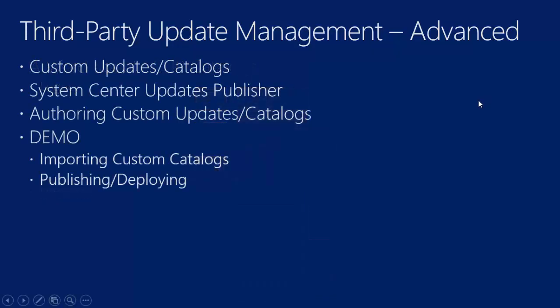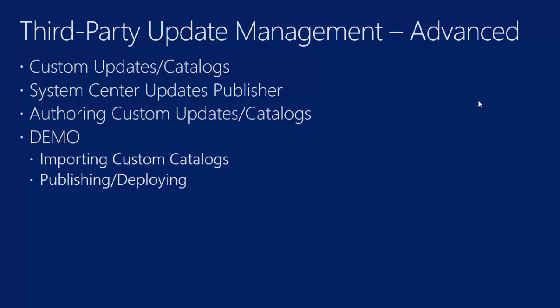Okay, so a bit of an advanced scenario. So here I want to show you walking through the process of pulling in that Adobe catalog, right? So before I get there, three things. SCUP, or custom updates and catalog. This is a little bit behind the scenes for those who might have used SCUP before.